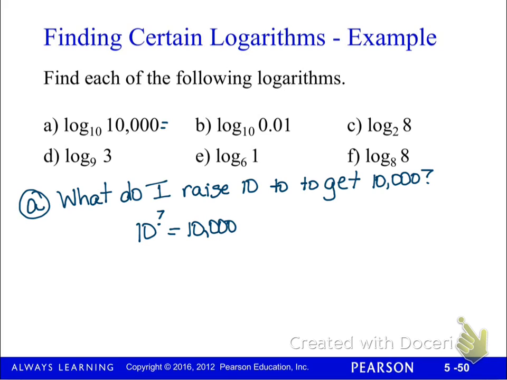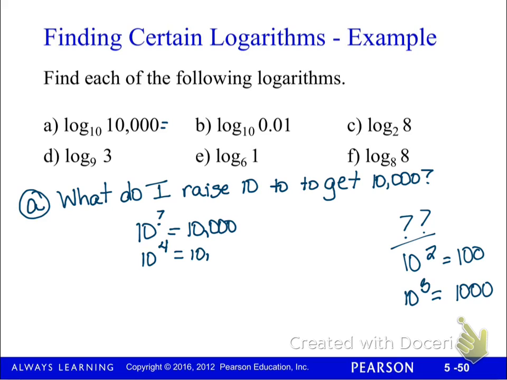Okay? Now, we may just be thinking off to the side, okay, well, 10 to the second power is 100. Okay, and that's not what I'm looking for. I'm looking for 10,000. So maybe it's 10 to the third power. And 10 to the third power is 1,000. So the answer to this is 10 to the fourth power. That's how I get 10,000. So my answer here is 4.